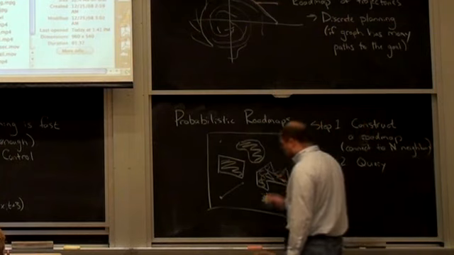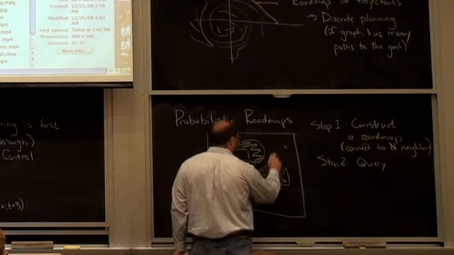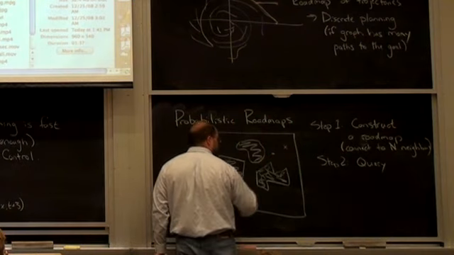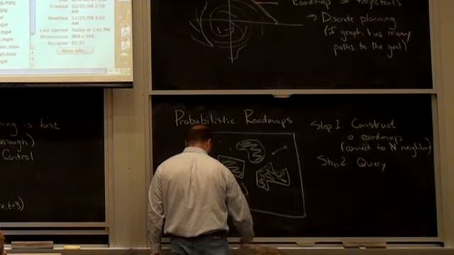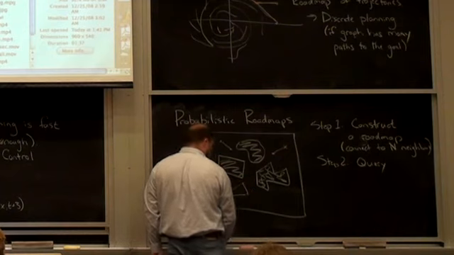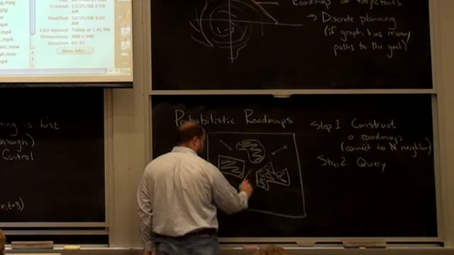So I'll pick a point at random. I'll try to find the guys that are close to it, and I'll connect with it. Pick a new point at random. Well, there's really only one guy close to it. I'll connect to it. Right? Pick another point. Maybe these guys are connected, and that's it. And if I do it enough, then I come up with a pretty good roadmap.